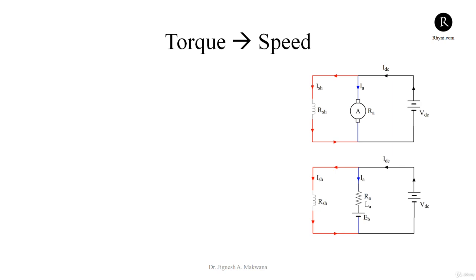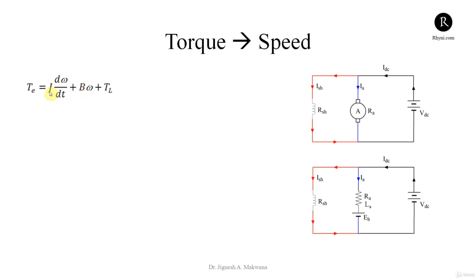Now if we look at how torque develops the speed, and try to write the equation for that, then we can say that torque is equal to J d omega by dt plus B omega plus load torque. So these all are torques opposing the supply torque. Omega is the angular velocity.